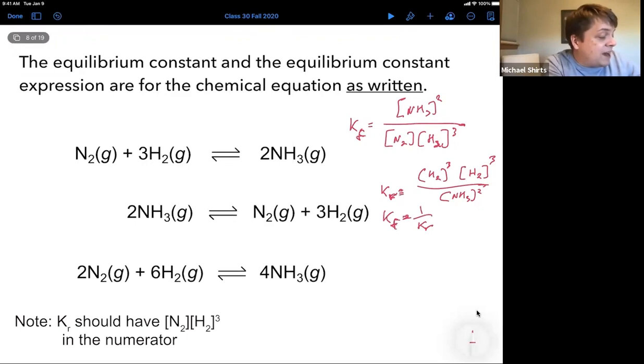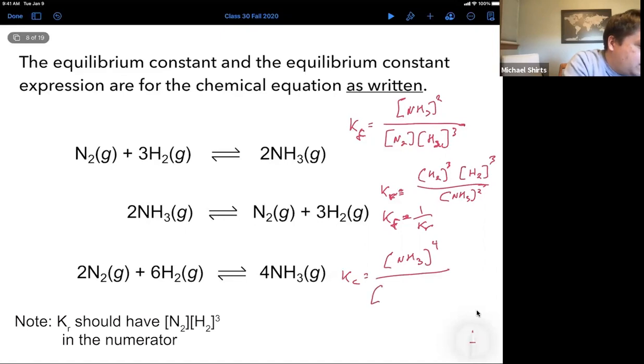Let's take a look at this reaction. Now this is essentially the same reaction as the first one, but we've doubled all the stoichiometric coefficients. So the Kc here is going to be the concentration of products to the fourth over N2 squared times H2 to the sixth.